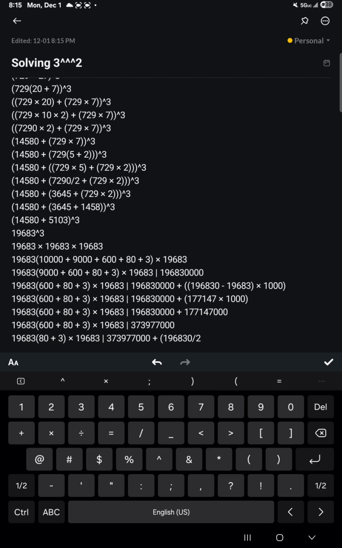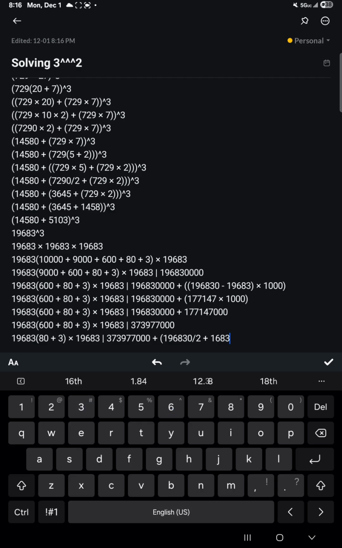19,683 times 10, that's 196,830, and divided by 2, and we're going to put that divided by 2 plus 19683, since it's 19683 times 1.